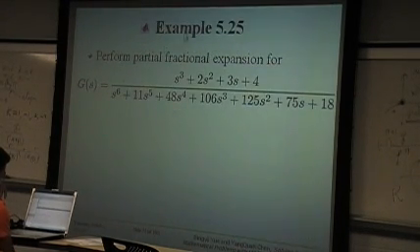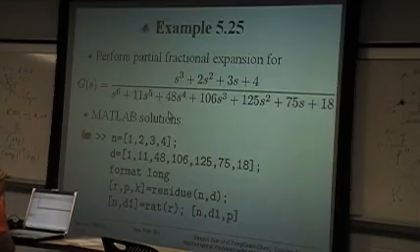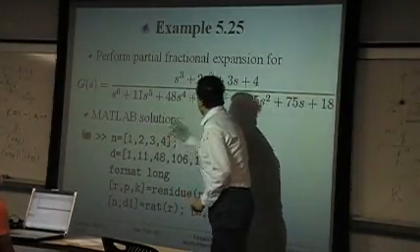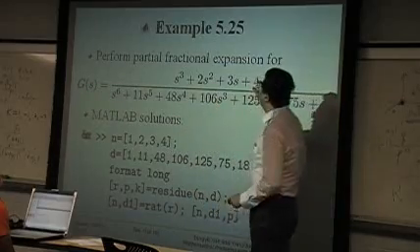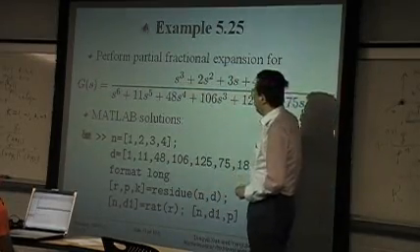Suppose we have a rational function like this. We can extract the coefficients of the numerator and denominator first. For the numerator, we can use 1, 2, 3, and 4 to extract the numerator coefficients in descending order of s.